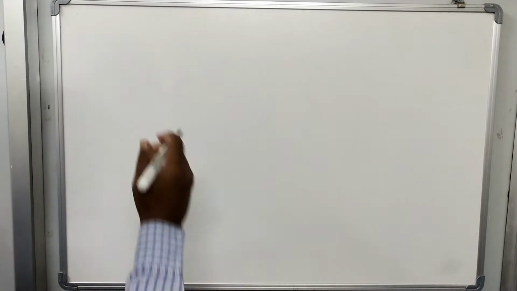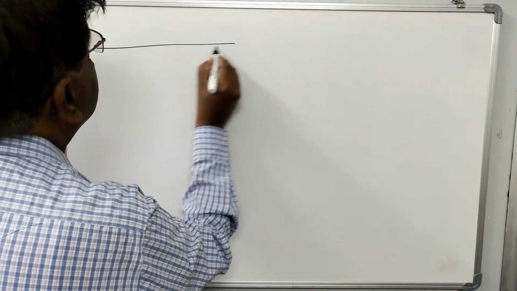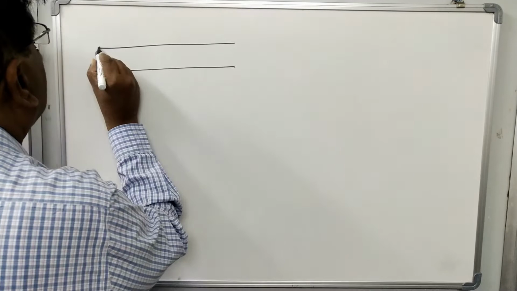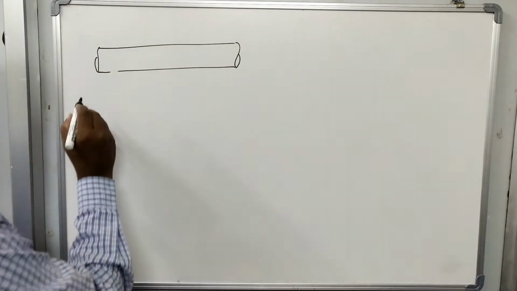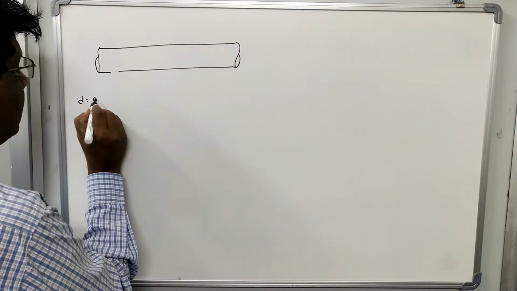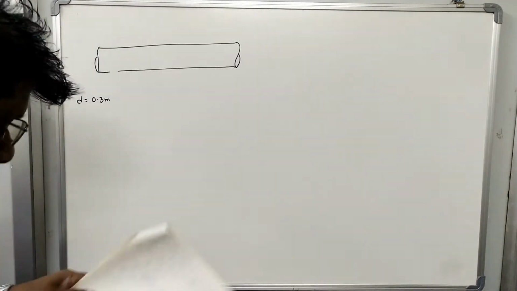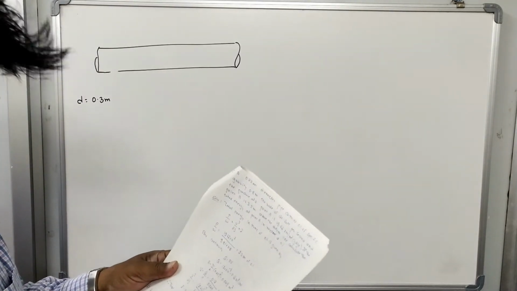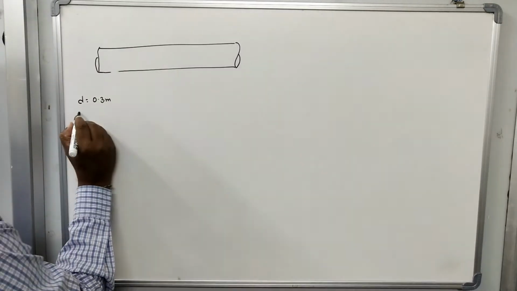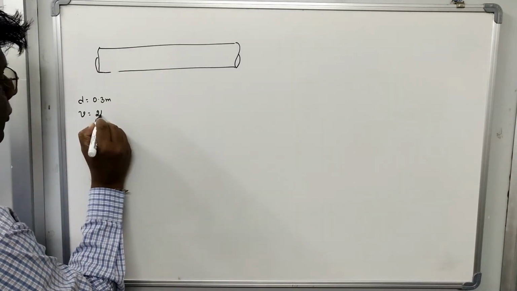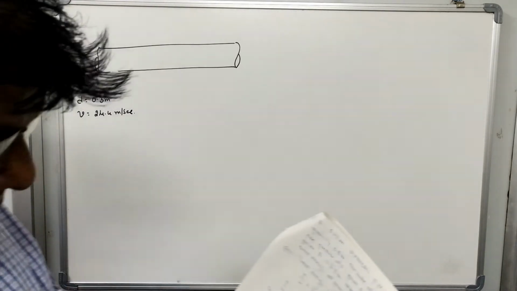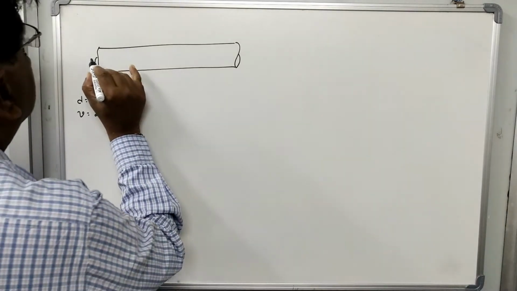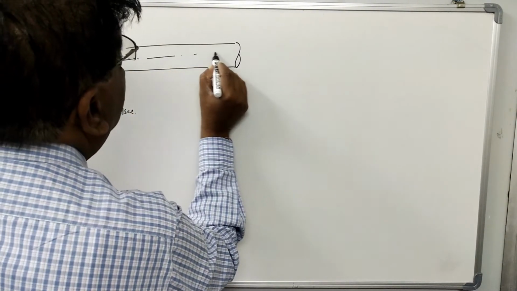okay, there is a pipe. The diameter of this pipe is 0.3 meter, and it carries water at a velocity V equal to 24.4 meter per second at point A. Okay, so this is the pipe we have considered.